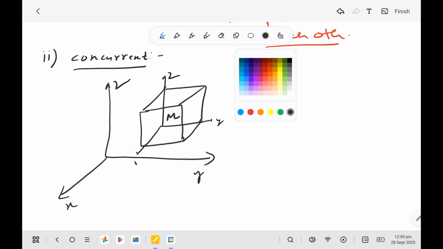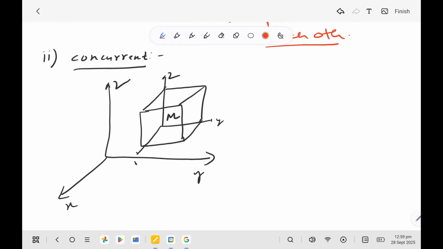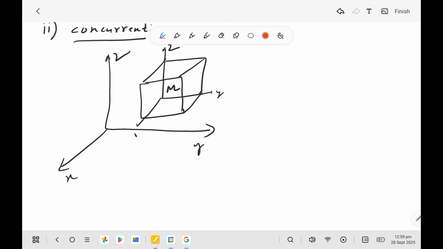Now let's assume one force acting perpendicular to this plane, the front plane, and another force acting perpendicular to this plane.